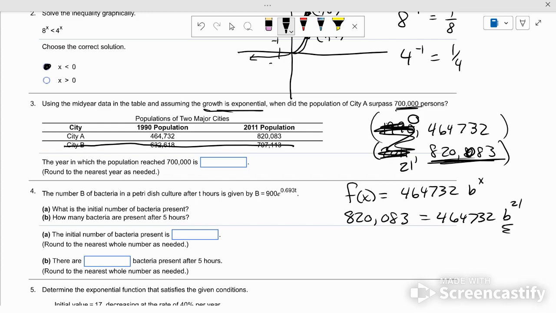So we figure out what b is. Okay, so we'll divide by 464,732. So b to the 21st equals what? It should be 1.9 something, I would bet, right?